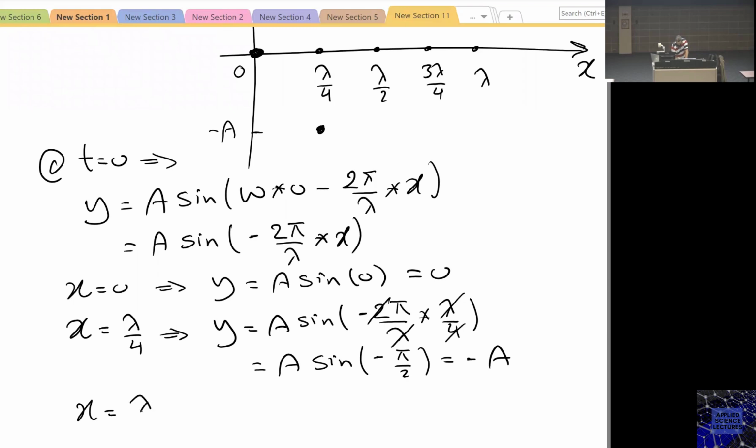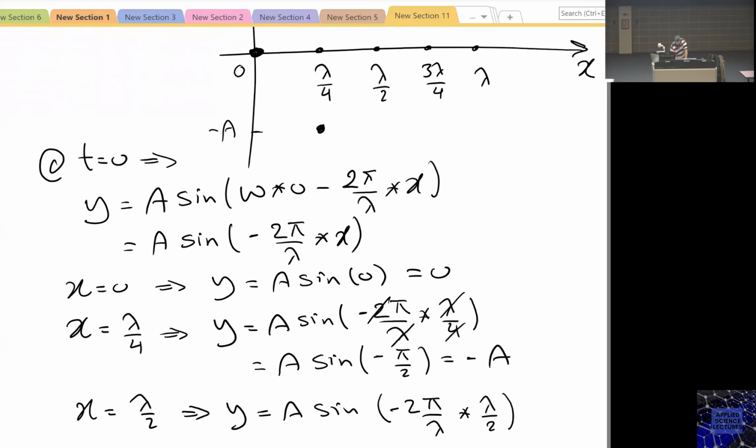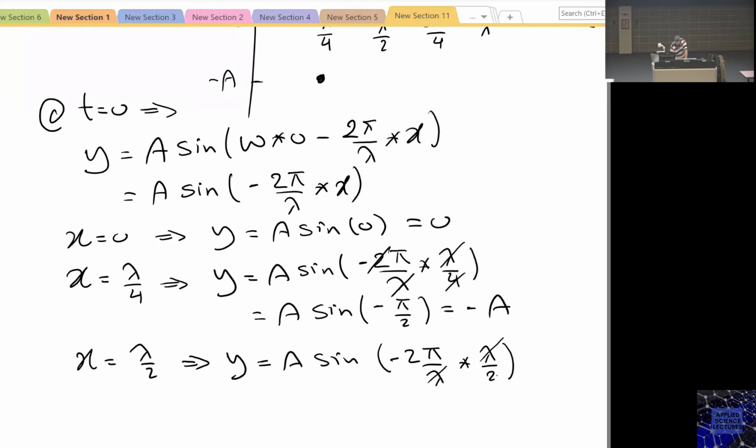For x equals lambda over 2, A sine minus 2 pi over lambda times lambda over 2. Lambda cancels, 2 cancels, A sine minus pi, which is 0.